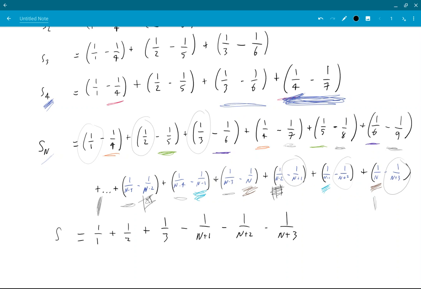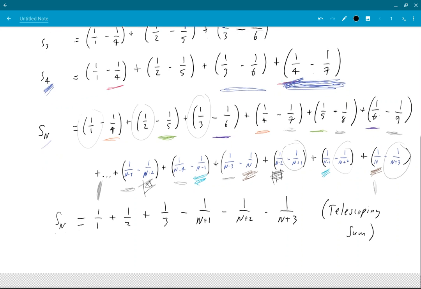So this is S capital N. Okay, so this collapsed. We call this a collapsing sum, or more commonly a telescoping sum. It is collapsing the way a telescope would when a telescope collapses in on itself.